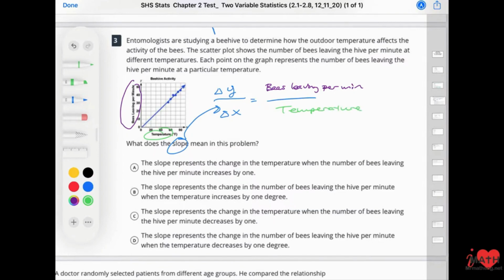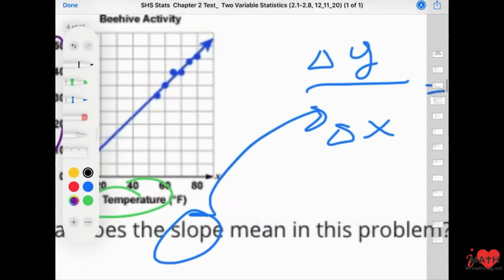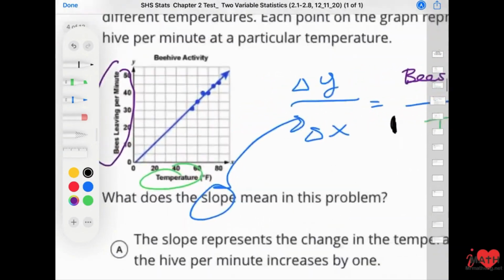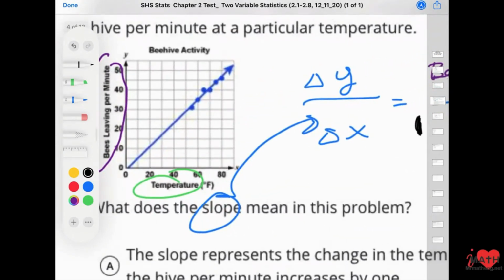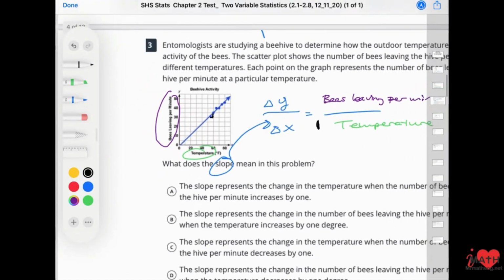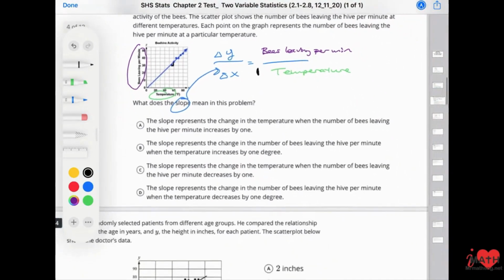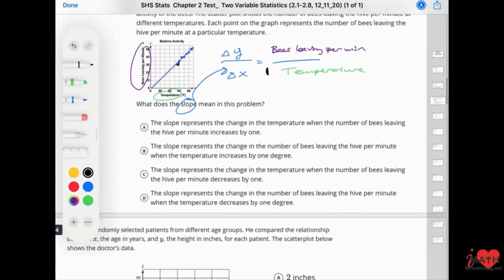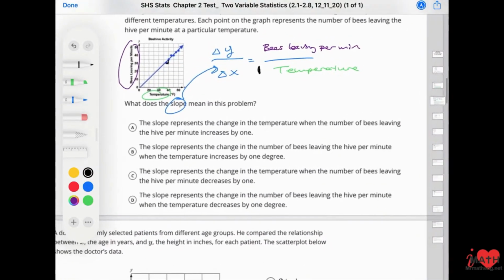And it's easiest when working with slope to think, for every increase of one in temperature, so the change in x, how much are you increasing? That might be a little bit difficult to get a number from in this case, but let's just go through each of these scenarios for question number 3.